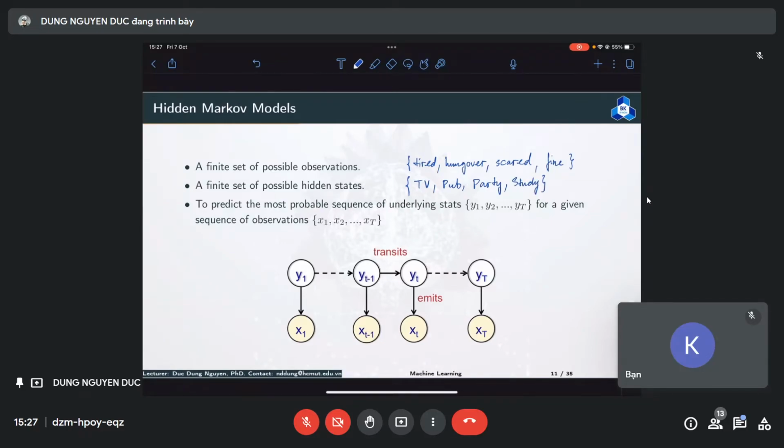Okay, so you have a set of observations and you have a set of hidden states. Now, your job is to find the most probable sequence of underlying states y1 to yt given a sequence of observations x1 to xt.